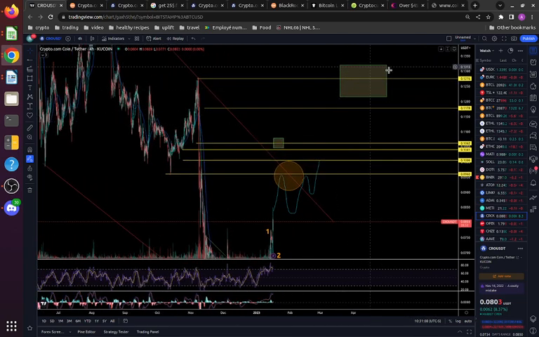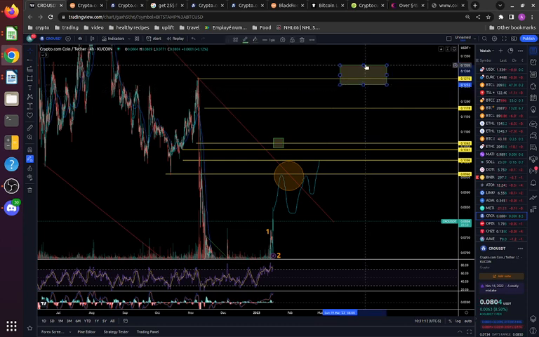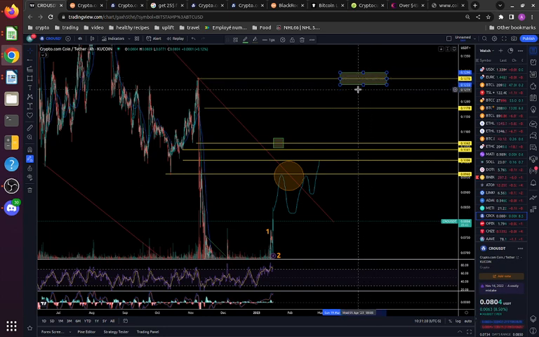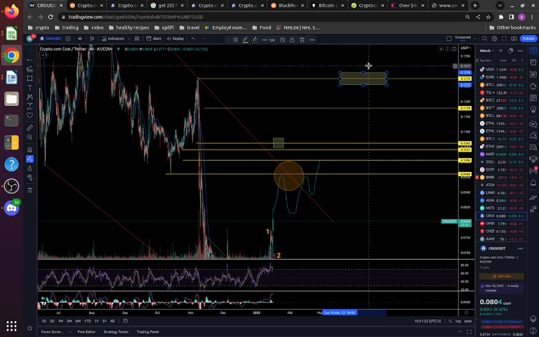This is really the area where Cronos will have to fight hard, because it's going to be the first real sign that if he's able to break this level, maybe he's going to start to reverse and initiate his bull run.